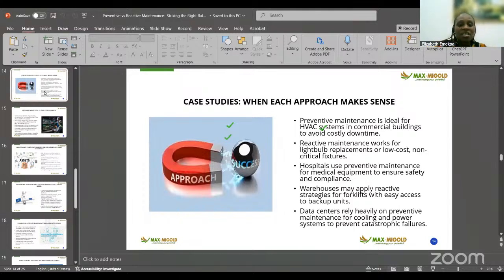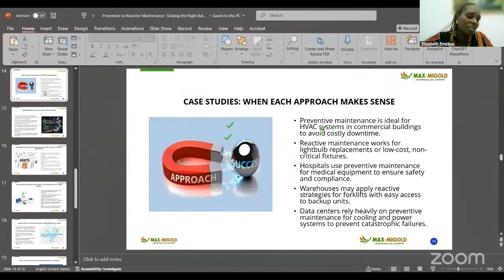Case studies: when each approach makes sense, okay? When you put your preventive maintenance in place, you don't have issues. Preventive maintenance is ideal for HVAC systems in commercial buildings to avoid costly downtime. I've explained this.